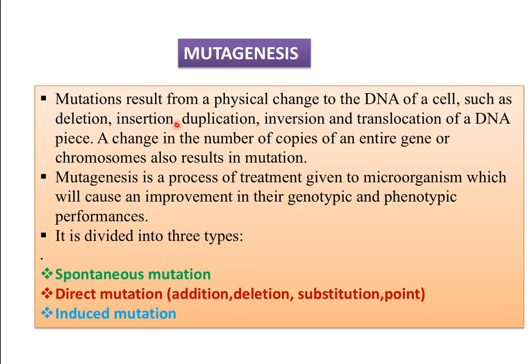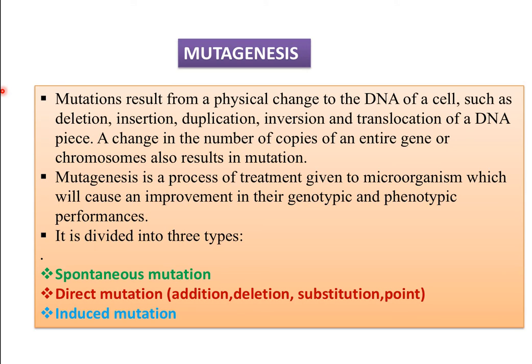As I said, mutations result from a physical change to the DNA of a cell, such as deletion, insertion, duplication, inversion, and translocation of a DNA piece. A change in the number of copies of an entire gene or chromosomes also results in mutation.